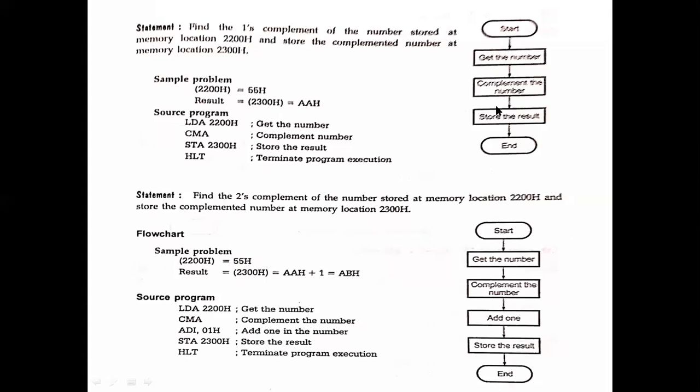So here we have a flow chart. First of all, the number which is stored at a particular memory location will be taken, loaded into the accumulator, and then we will take the complement of that.